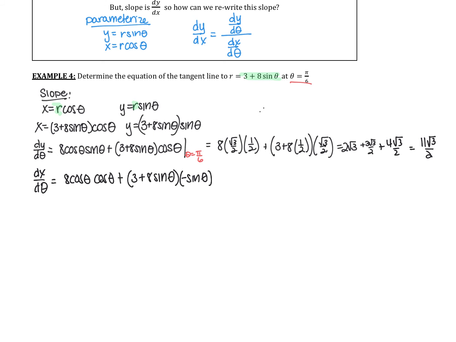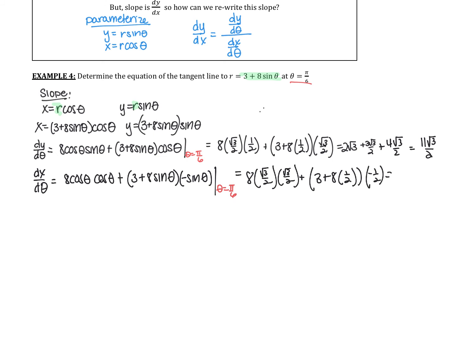And I'm going to evaluate this at the same value, theta equals pi over 6 as well. So in this first one, we're going to get 8 times root 3 over 2 times root 3 over 2 plus 3, plus 8 sine theta would be 1/2 times the negative sine of theta, and the negative sine of theta would be negative 1/2.